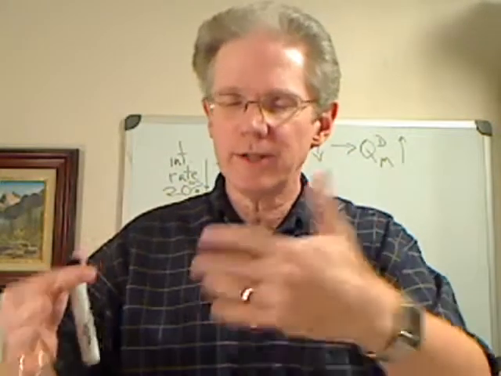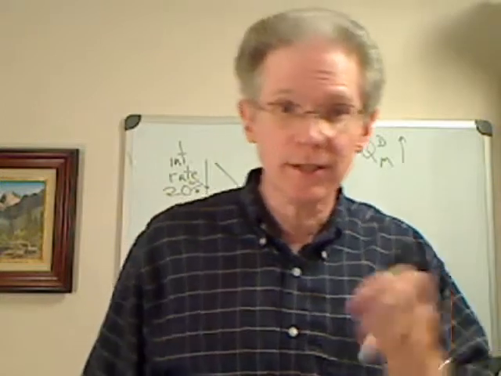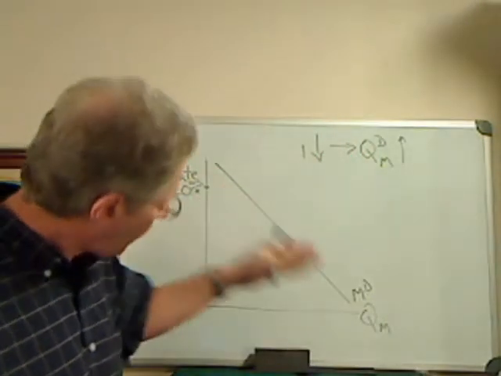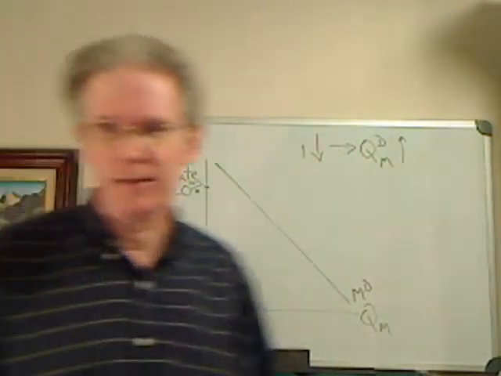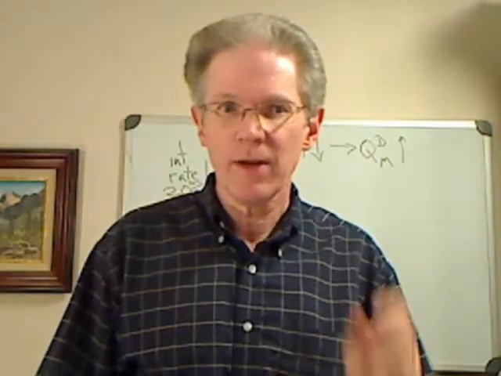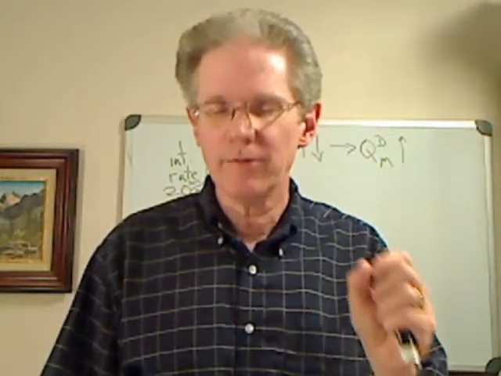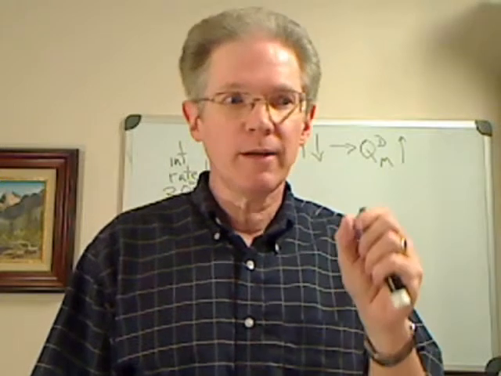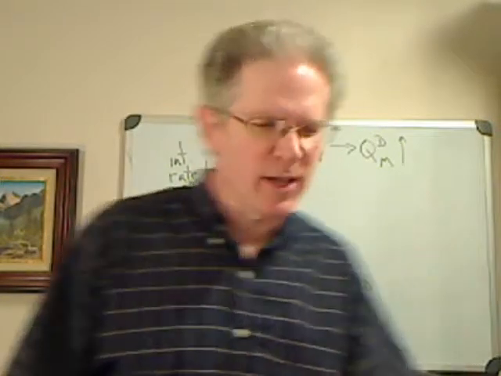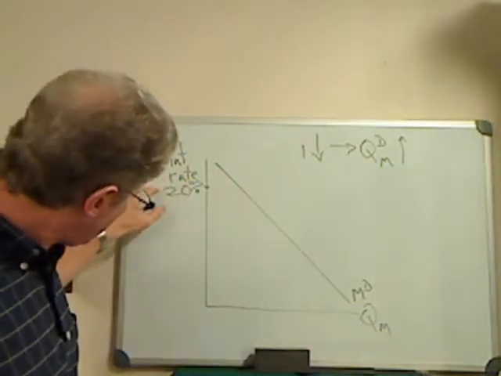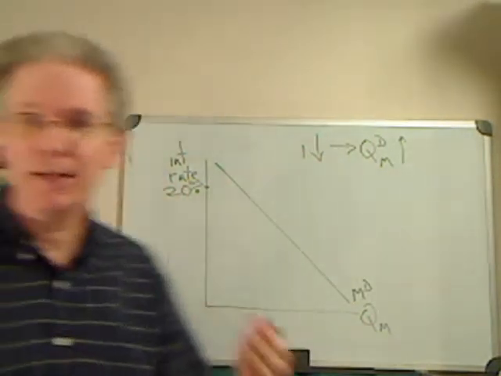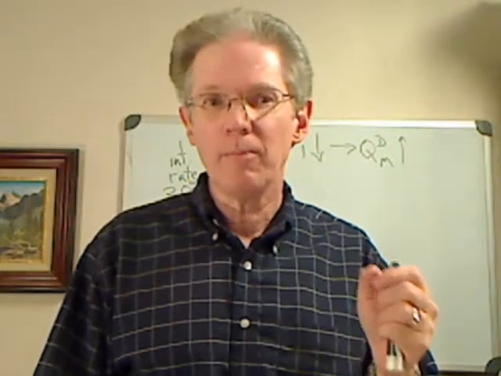What is offering that 20% interest? Does this mean that holding money will give you a 20% return? No. Remember, in the liquidity preference framework, we're assuming that money pays no interest at all. Interest rate on money is zero. So what interest rate is this?